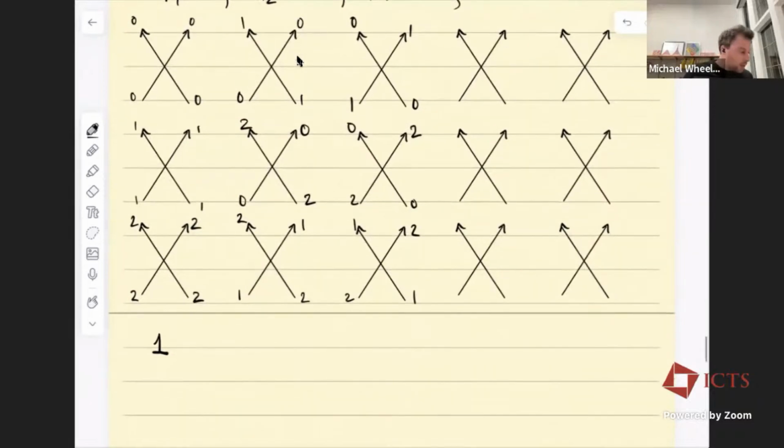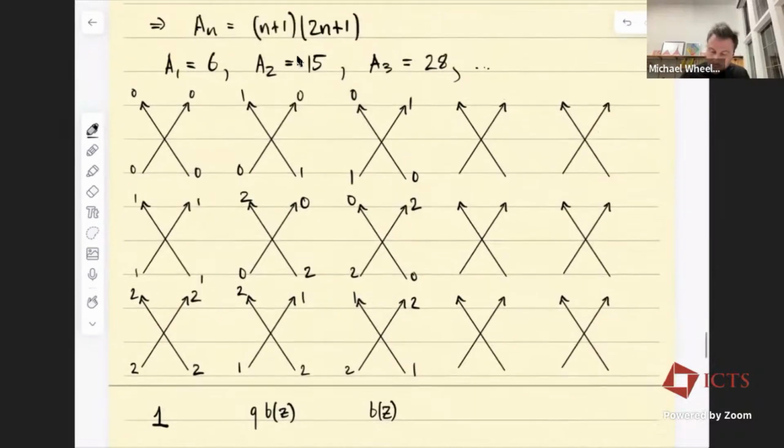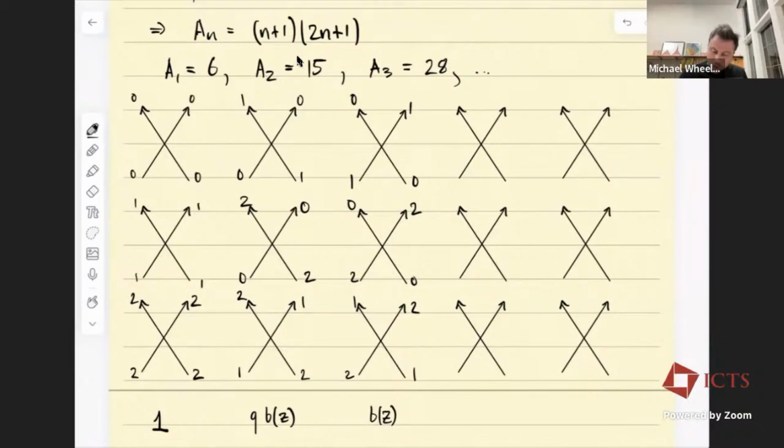And these weights are given as follows. The first column is of the form Q times BZ. The second one is BZ. And then the final 2 columns will be the so-called C vertices. These are the ones where the colors bounce off each other.